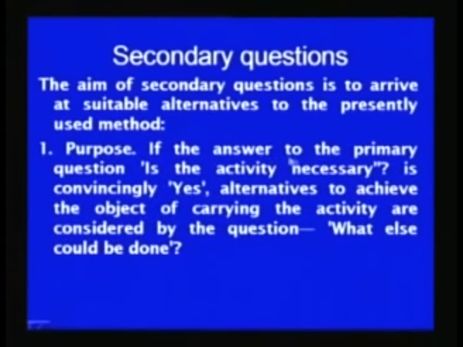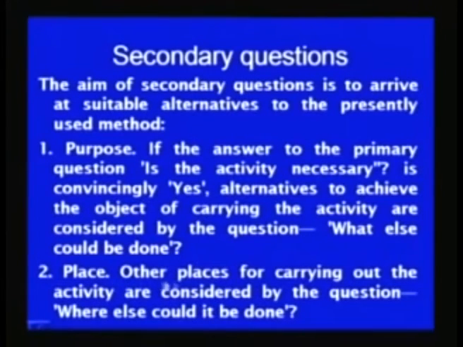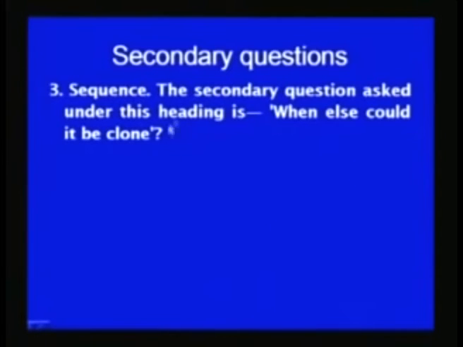Regarding the purpose, if the answer to the primary question, is the activity necessary, is convincingly yes, alternatives to achieve the object of carrying out the activity are considered by questioning what else can be done. Regarding the place, other places of carrying out the activity are considered by questioning where else could it be done. Regarding the sequence, the secondary question is when else could it be done.